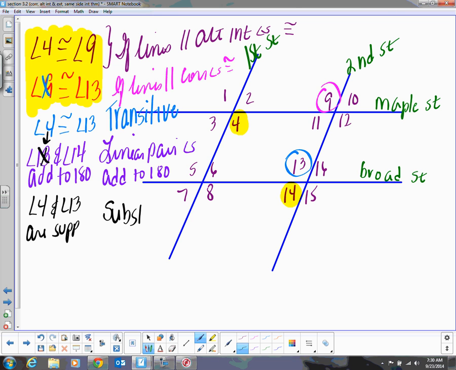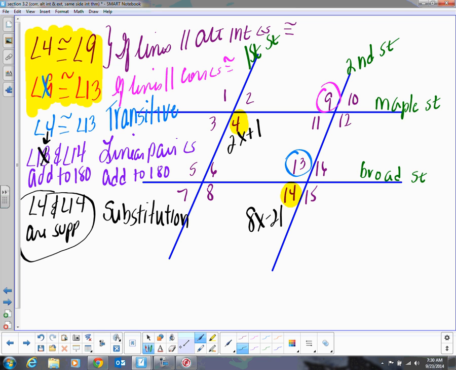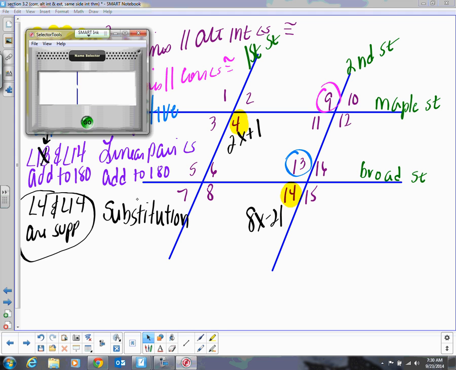So now what we've got is we've got this relationship. Yeah? Oh, good call. Thank you, Devin. Yes, it's 14 because we left 14 alone. Now, do we have a relationship with 4 and 14? They told us 4 is 2x plus 1. They told us 14 is 8x minus 21. So based on what we just found out, what does this mean we're going to do?